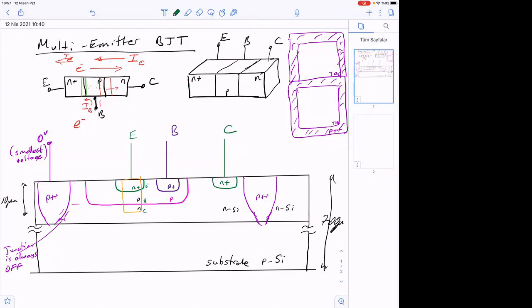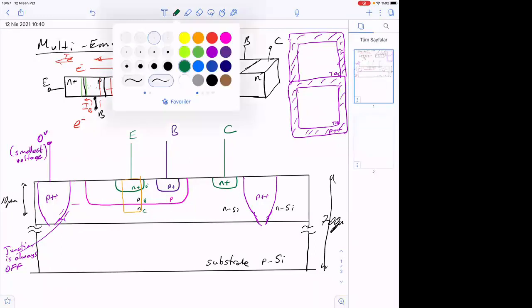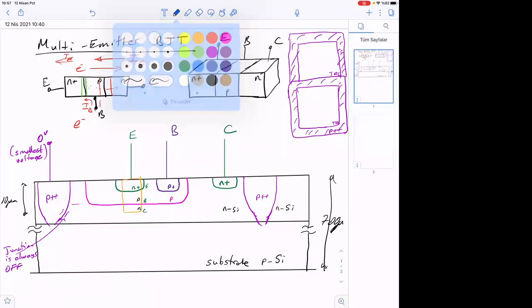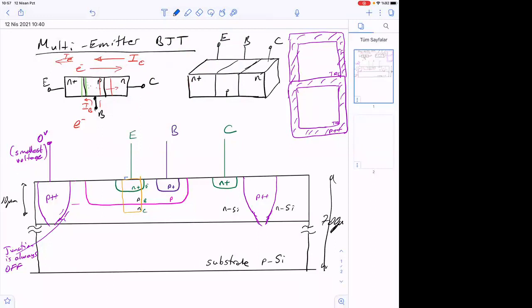And that's how it's formed. Why do we put this N+ here? Because getting a good contact here is important. And in order to get a good contact here, we need to put metal here. Metal and metal.